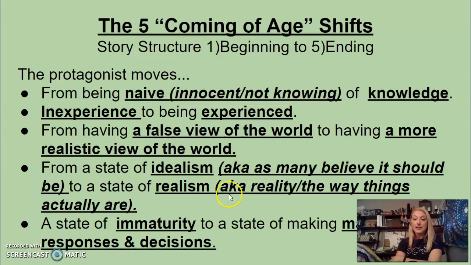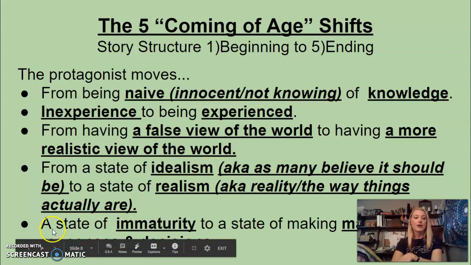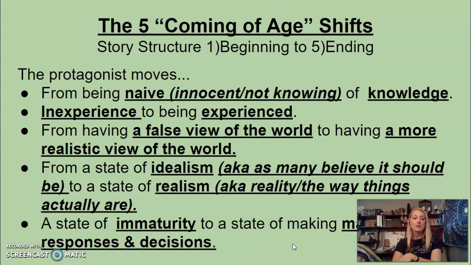The reality is that in some cultures and some faiths, you don't automatically use that way of greeting someone, especially with the current pandemic. Ideally, we would love to be able to shake somebody's hand, but the reality is we can't do it right now. All right, and a state of immaturity to a state of being mature.